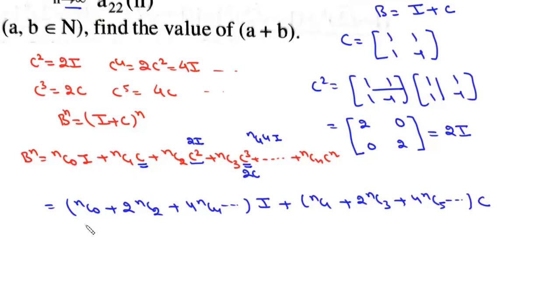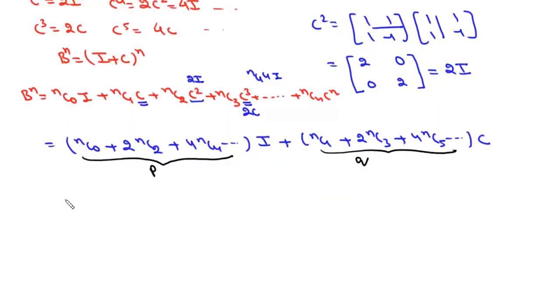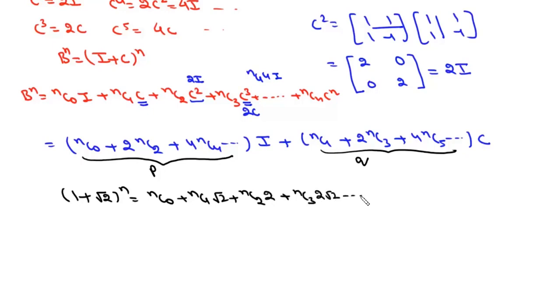Now we need to find the sum of these two series. So this is our first series and this is our second series. Now say this is P and this is Q. Now we consider the expansion of (1 plus root 2) to the power n, which will be nC0 plus nC1 into root 2 plus nC2 into root 2 square plus nC3 into 2 root 2.